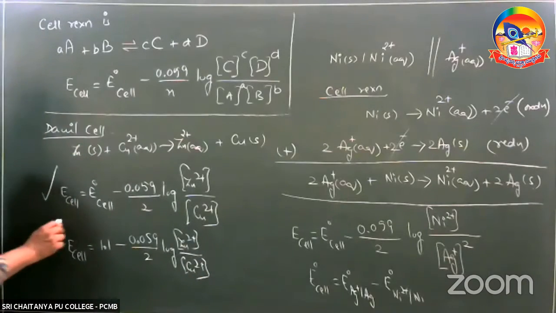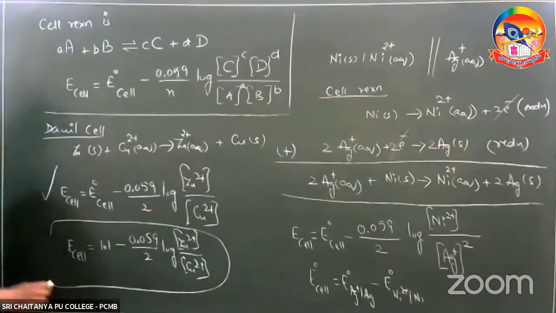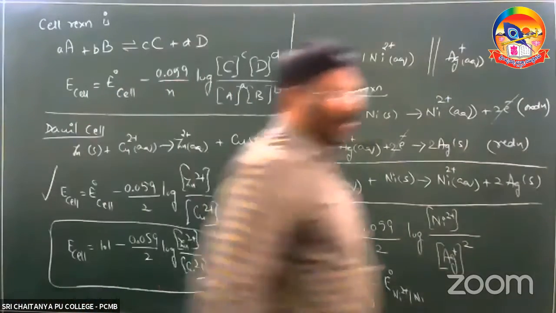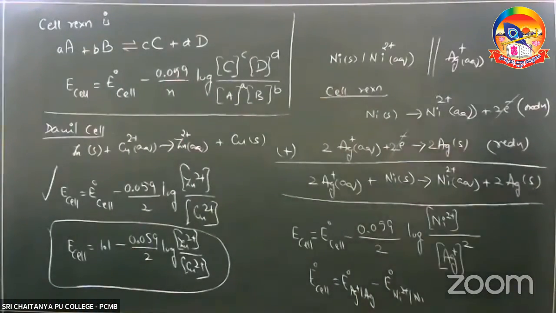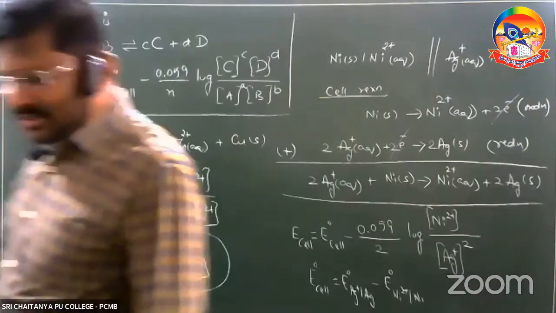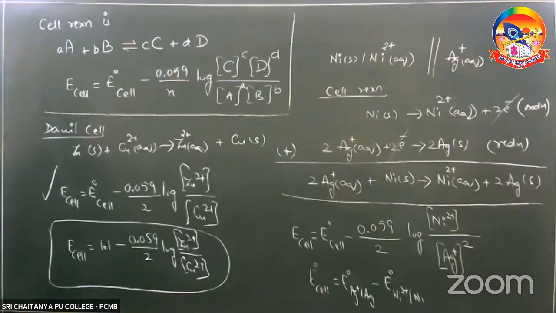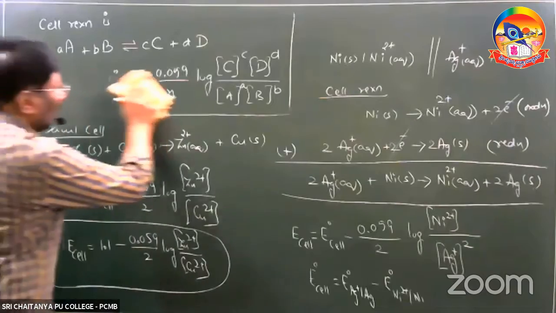Now, please observe this. Already you know the construction of the Daniell cell. In that one, at the anode, the zinc rod is dipped in zinc sulfate, and the copper rod is dipped in copper sulfate.